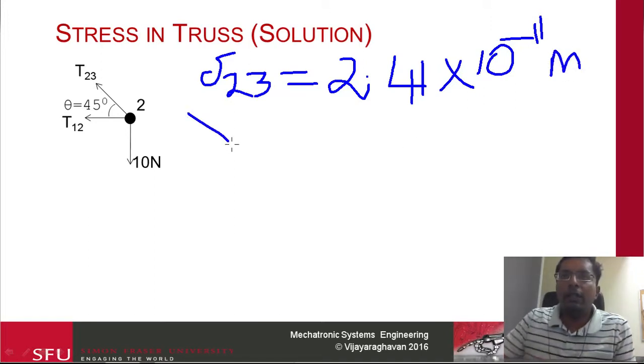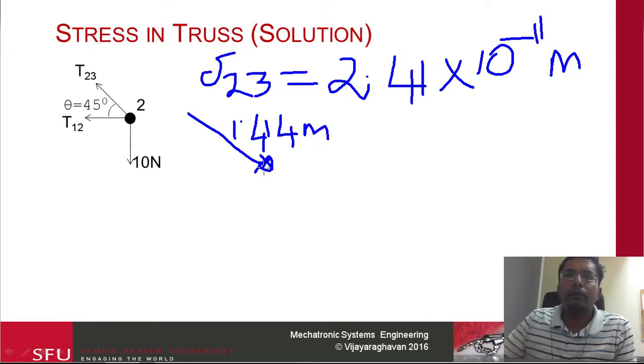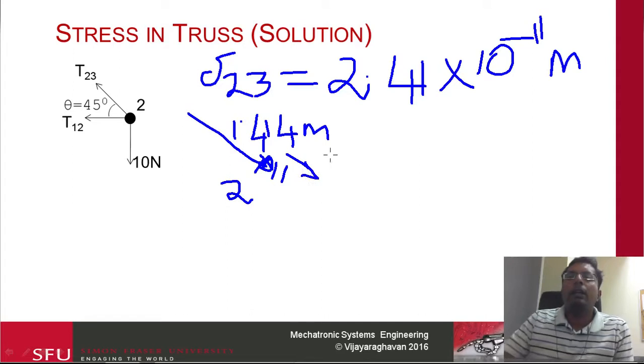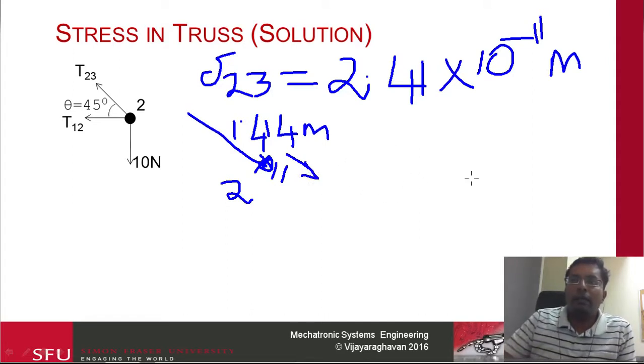So basically you have this link like this. This is going to be 1.414. So this just becomes a teeny bit longer along this direction. We wanted to calculate the x and the y deflection.